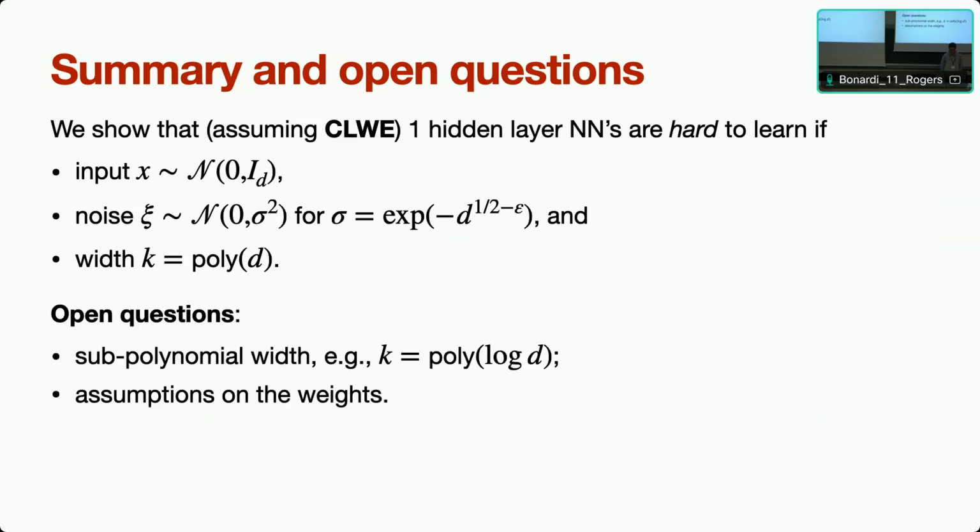Because, like I have just mentioned, the algorithmic works on this problem have some assumption on the weights, for example, linear independence. But our construction of a hard neural network actually has its weight matrix being rank 1. So there's still a gap there. And that's all of my presentation. Thank you for listening.